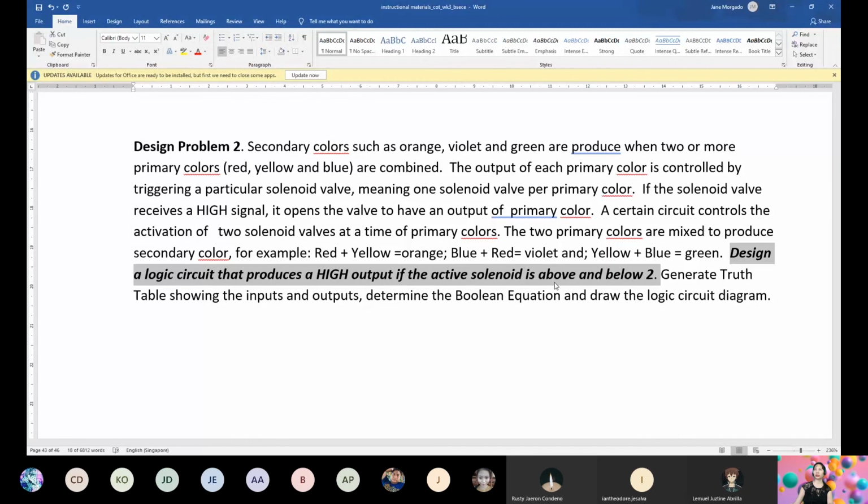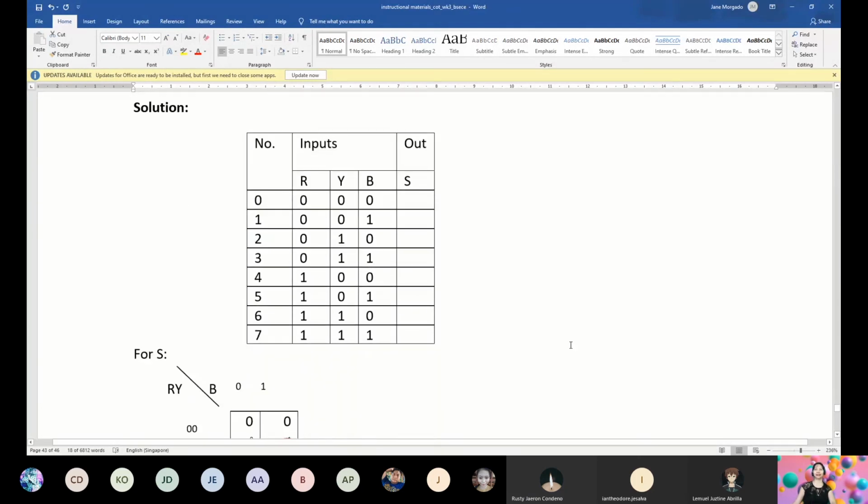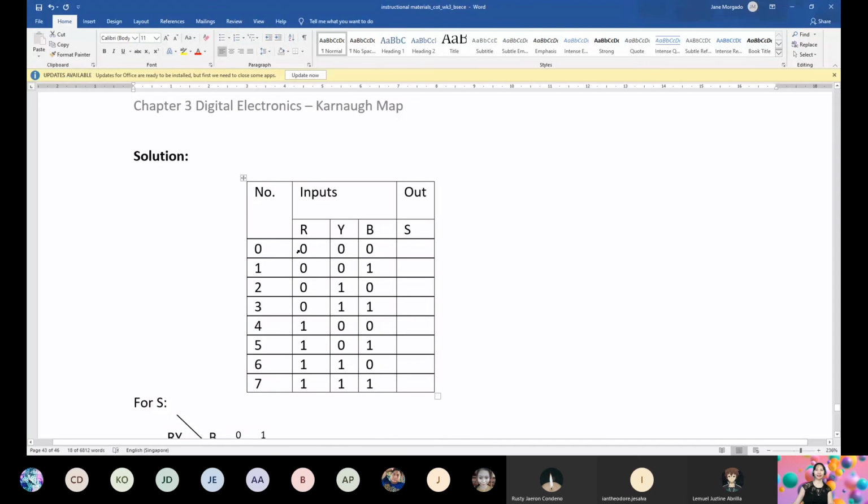Above 2 is 3, and below 2 is 1, 1, 0. 1 and 0. Okay? Design a logic circuit that produces a high output if the active solenoid is above and below 2. Okay. Ayan.